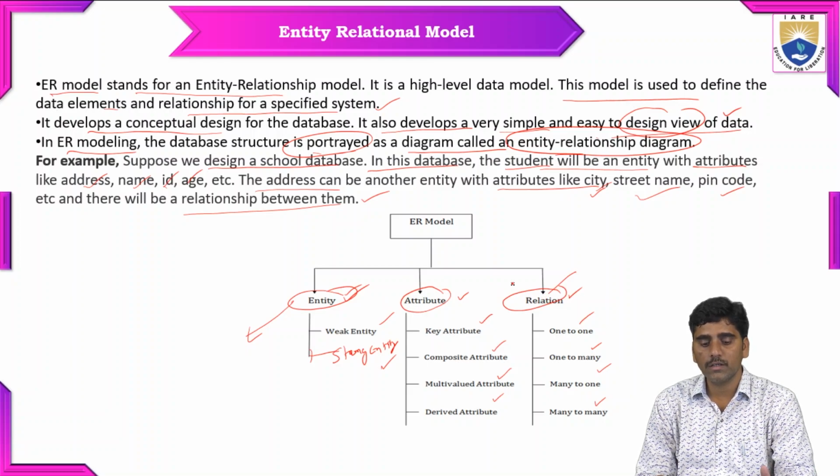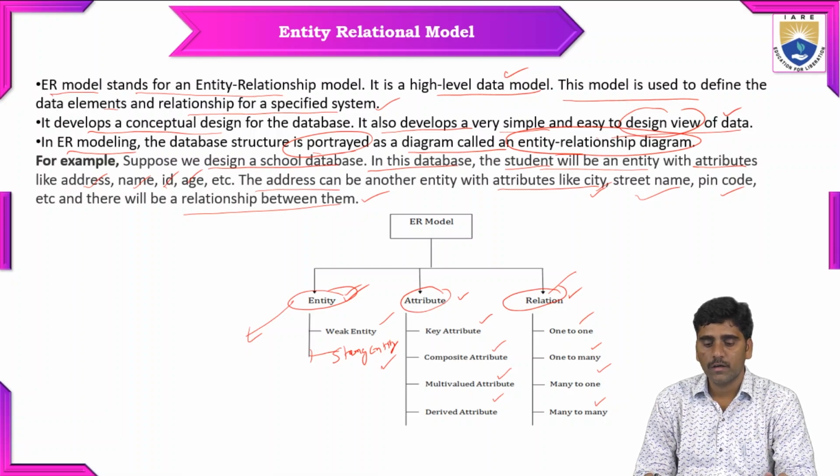So ER model stands for entity relationship model, which is a high-level data model used to define the data elements and relationships for a specified system. And it develops a conceptual design of the database.